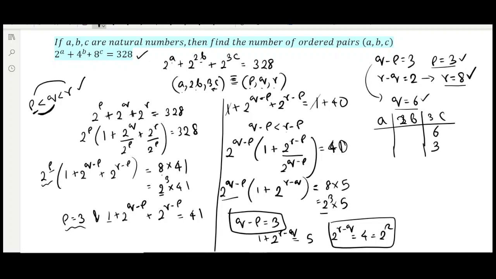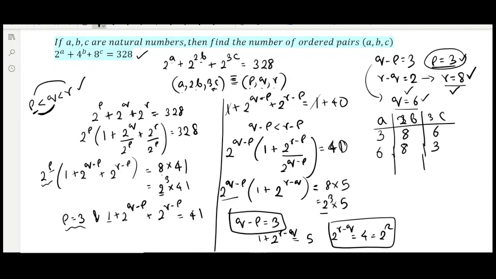As we can see that 2b cannot be equal to 3, so we have to equate a with 3 here, and 2b with 8. If 3c is equal to 3, then we have remaining these two. This can be equal to 8, this can be equal to 6.